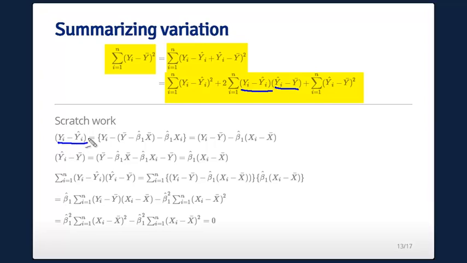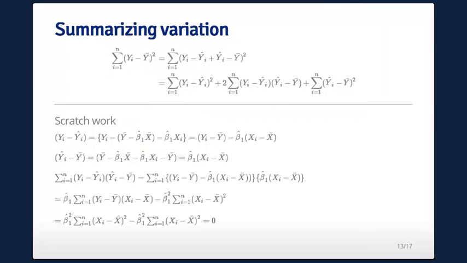Let's just remind ourselves that y hat is beta naught hat plus beta 1 hat xi, and that's what we're plugging in right here. Also remember the definition of beta naught hat is that right there.